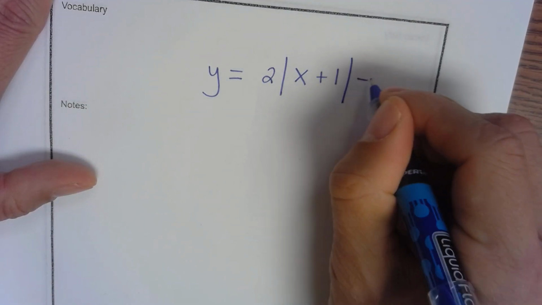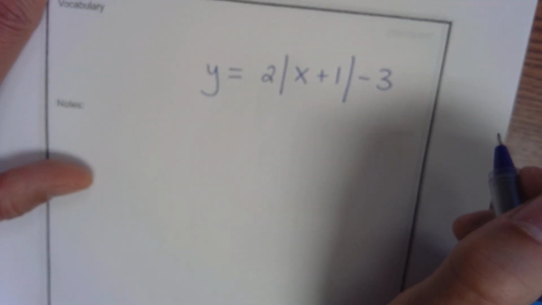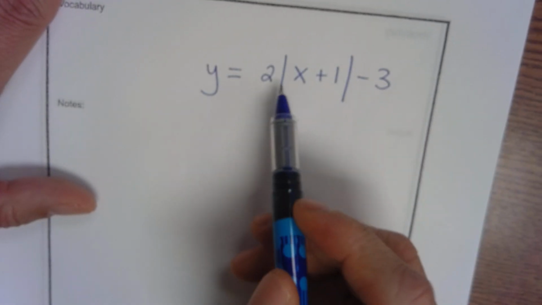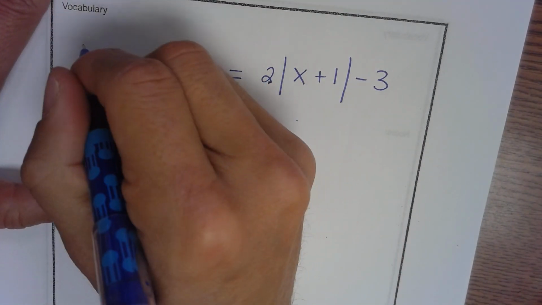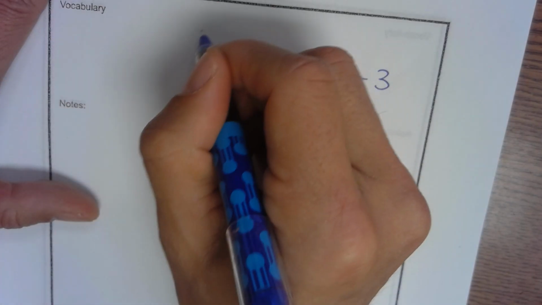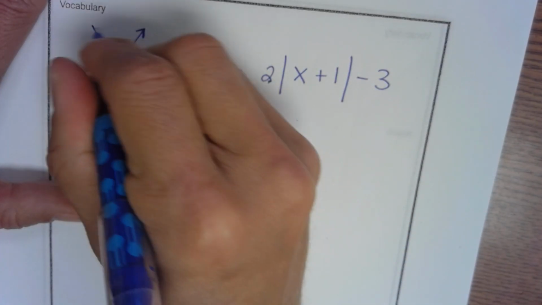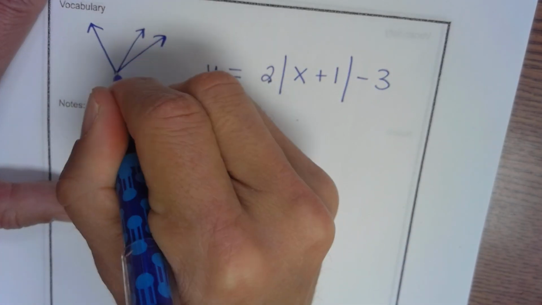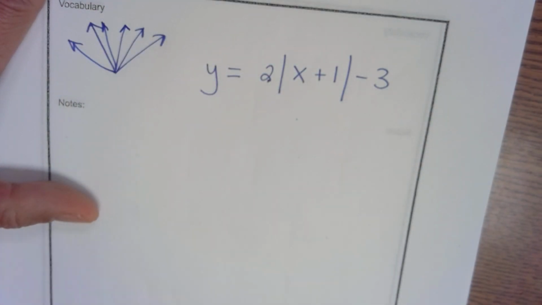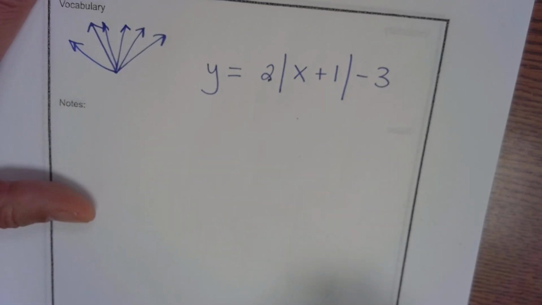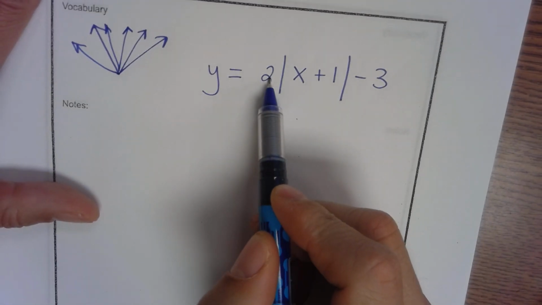Now, there's different ways to do this, but my suggestion would be to, first of all, when you're finding the vertex, that 2, what that does is it makes the absolute value skinnier or fatter. If this is like the normal function, it could make it look like this, or it can make it even skinnier, which we call vertical and horizontal stretches. Ignore this 2 for a second.